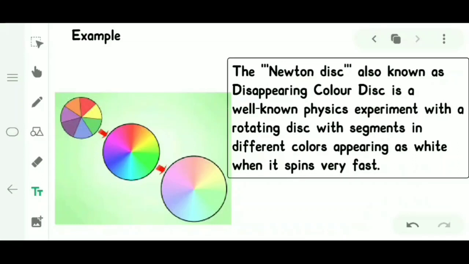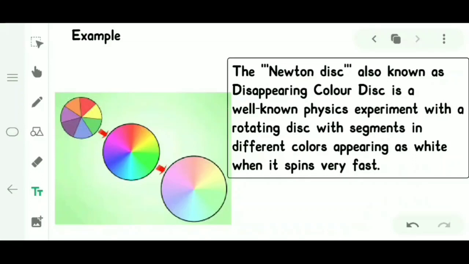I know that it is very difficult to see, and it will not fully happen, but still you can see all the colors mixing together, and nearly it shows as white light. So here we can conclude that the Newton disk, also known as the disappearing color disk, is a well-known physics experiment with a rotating disk with segments in different colors appearing as white when it spins very fast. Got that?